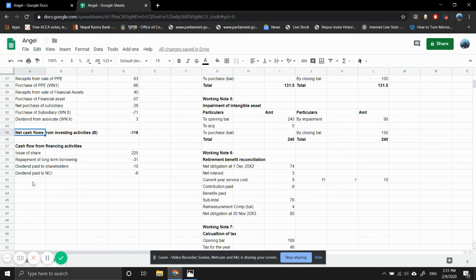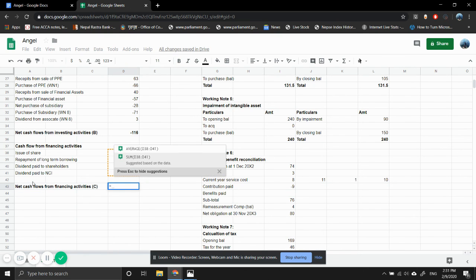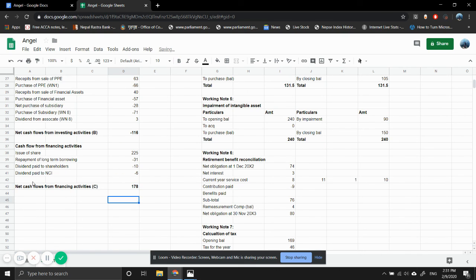So this will be our net cash flow from financing activities. Financing activities will be the sum of all this. This will be in bold, right?